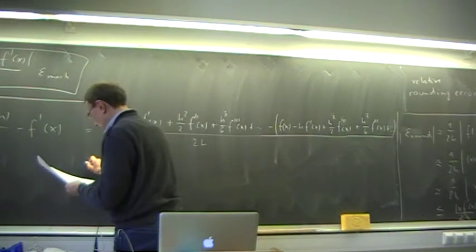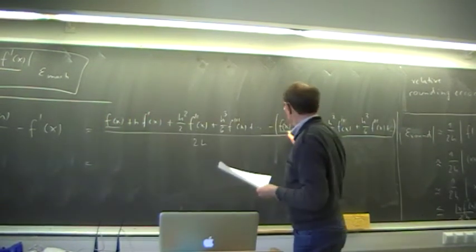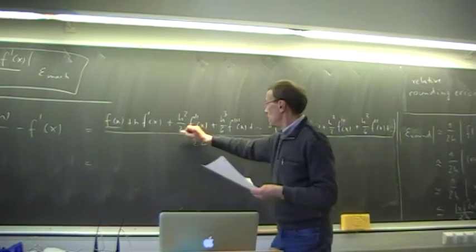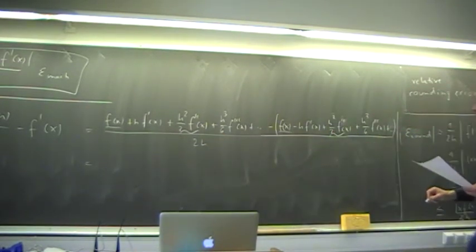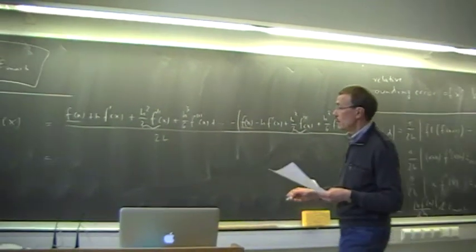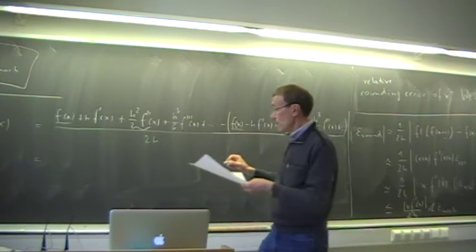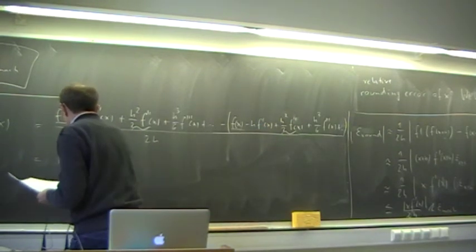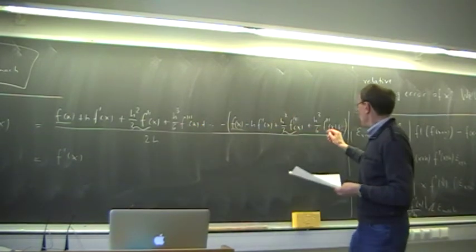And then we see we get here f of x cancels, the second derivative cancels, and we get here h and h, 2h, so we get again f prime of x, and this we get twice.